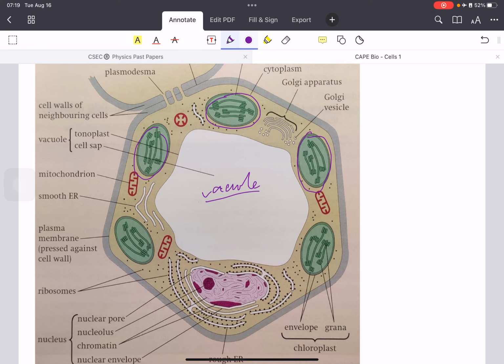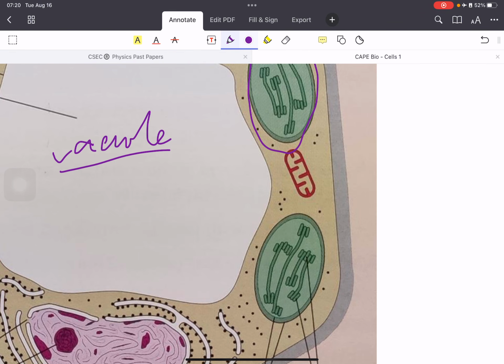Chloroplasts are only found in plant cells because they participate in photosynthesis. When you go into Unit 2, you will learn more about photosynthesis. Just like mitochondria, they are surrounded by an inner and outer membrane or envelope. Inside the chloroplast is a system of sacs, which you can see here, and they are called thylakoids.